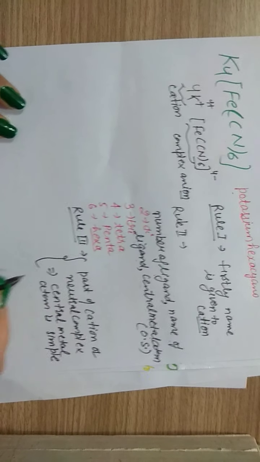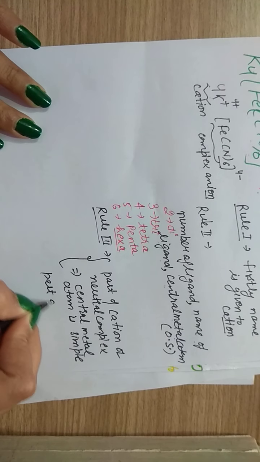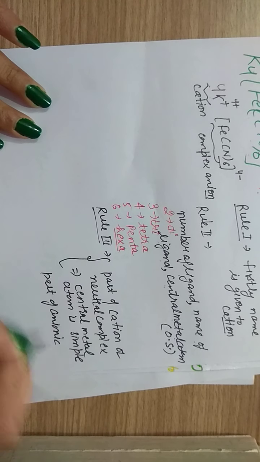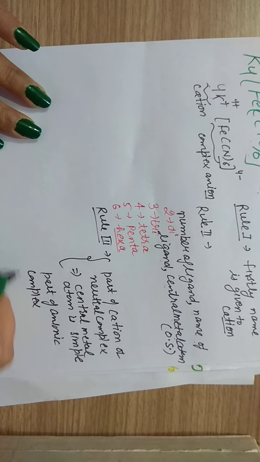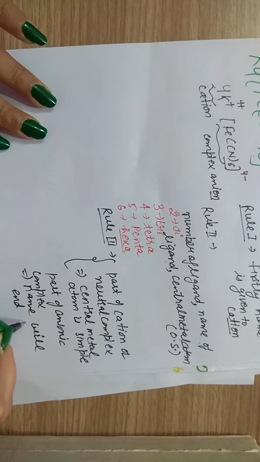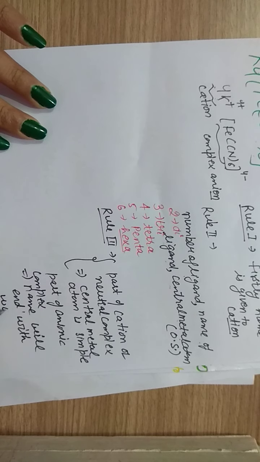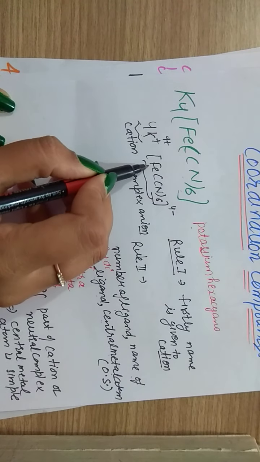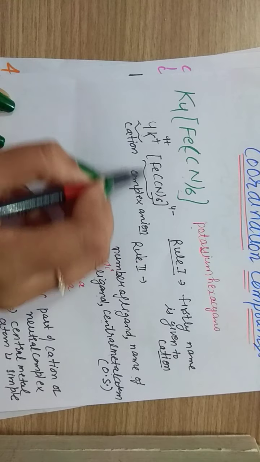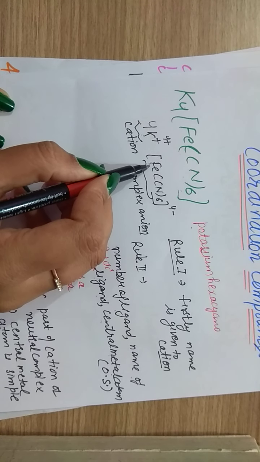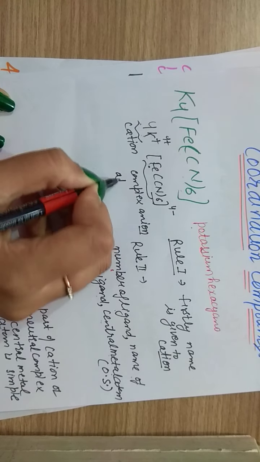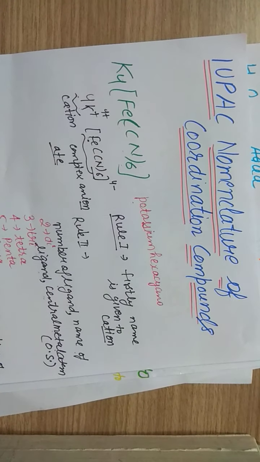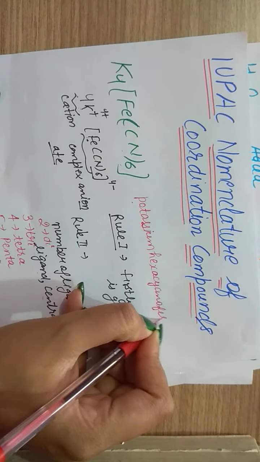But if it is part of an anionic complex, the name will end with the word ate. We can see that in this complex, iron Fe is part of a complex anion, so its name will end with ate. So the name is written as ferrate.